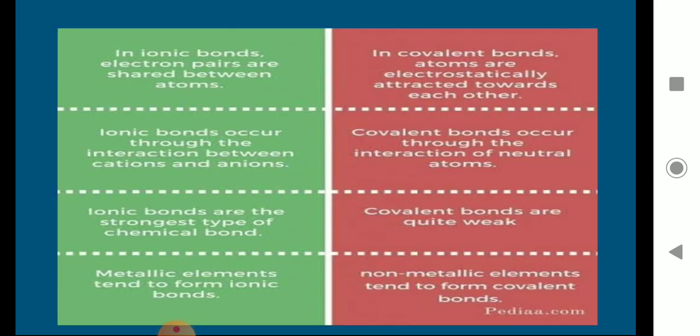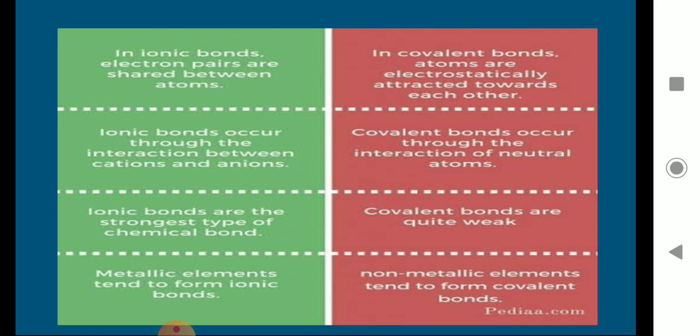So ionic bonds are very strong bonds. They have very strong attraction in between them. The force of attraction is very strong and they cannot be separated easily from each other. And covalent bonds are not so strong, they are weak bonds.